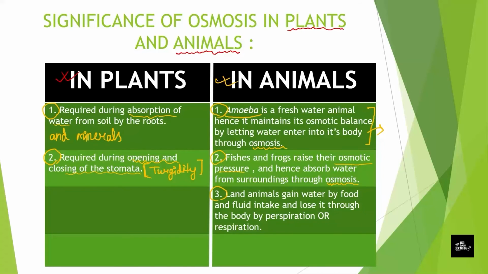Land animals gain water by food and fluid intake and lose it through the body by perspiration or respiration. Let me write it down here so that you can understand: gaining of water is done by osmosis.